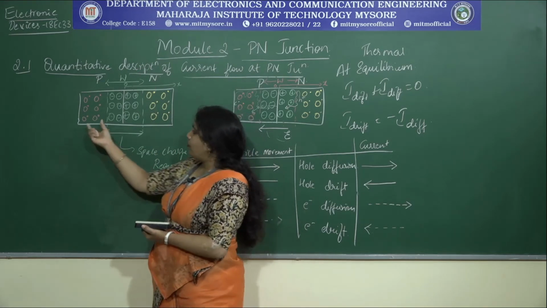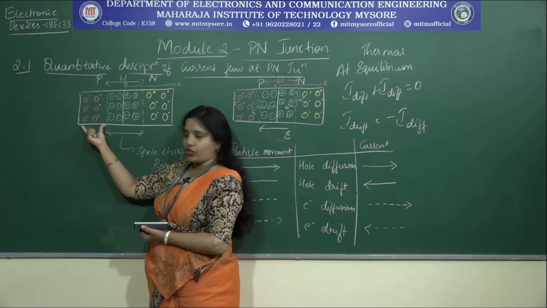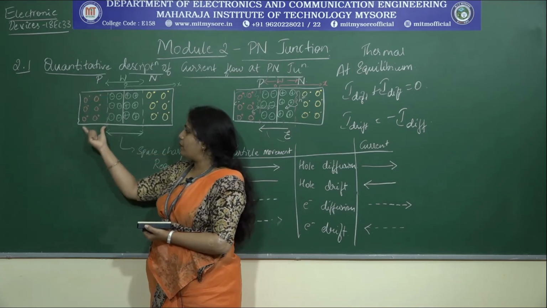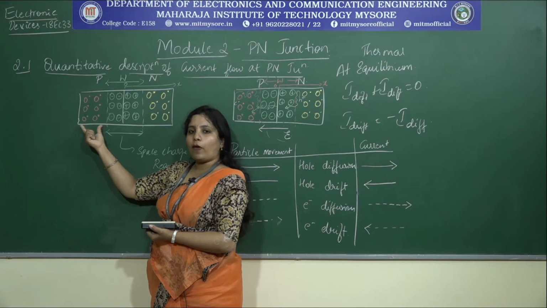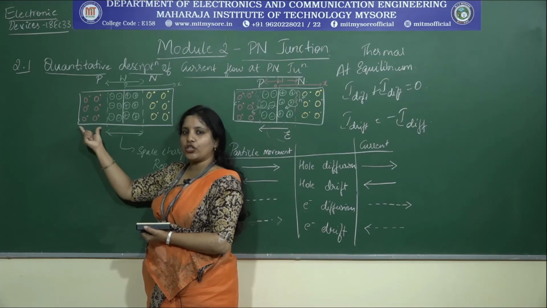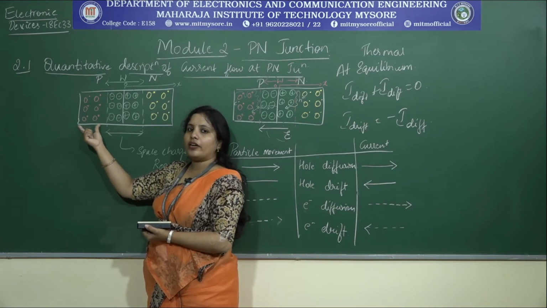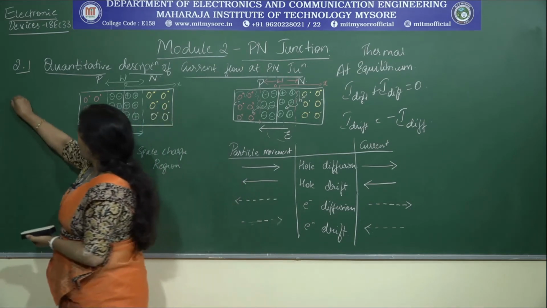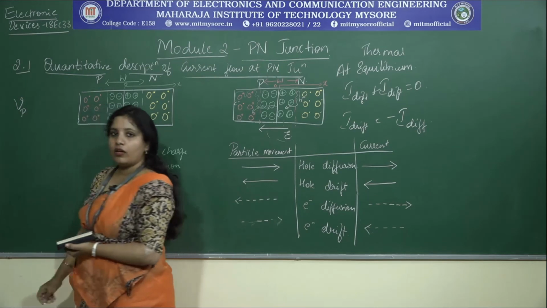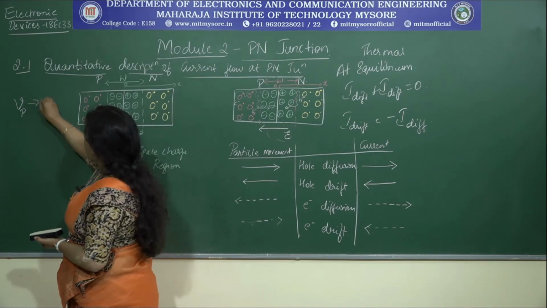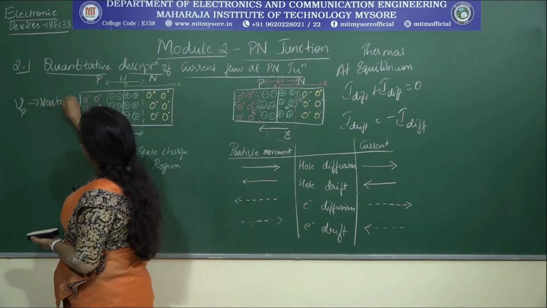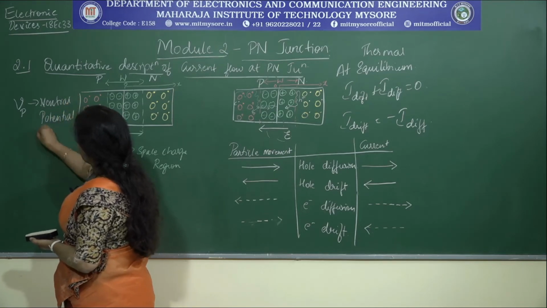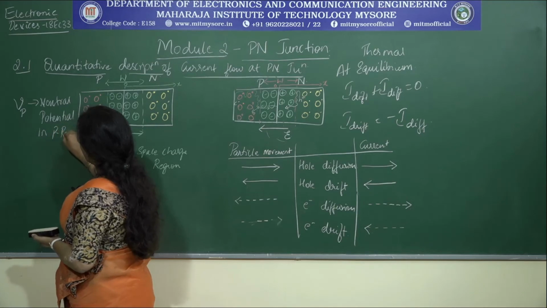Now, when I consider this P region, let me assume that the potential that exists in the P region is neutral, or constant, and let that potential be represented as Vp. So what does Vp indicate? It is the neutral potential in the P region.